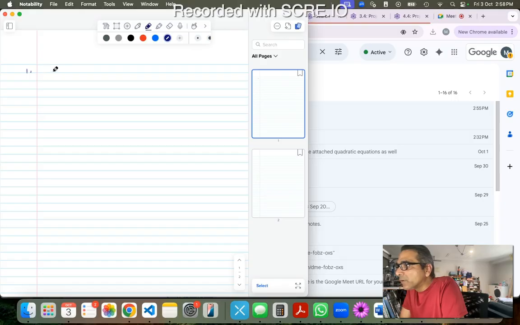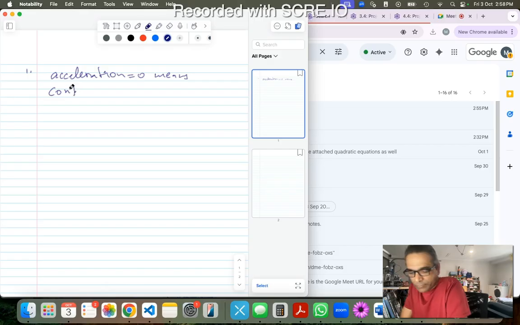So one point is when the acceleration is zero, okay? Acceleration is zero means constant velocity, okay? And it's true the other way around as well. So constant velocity means acceleration zero.